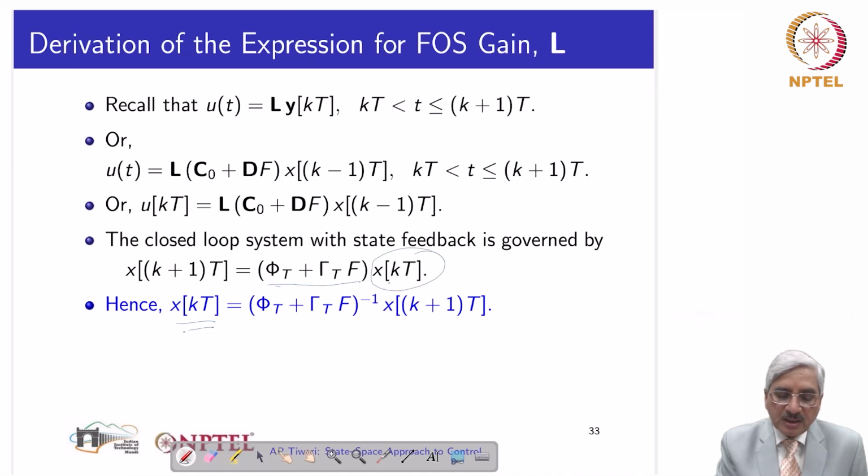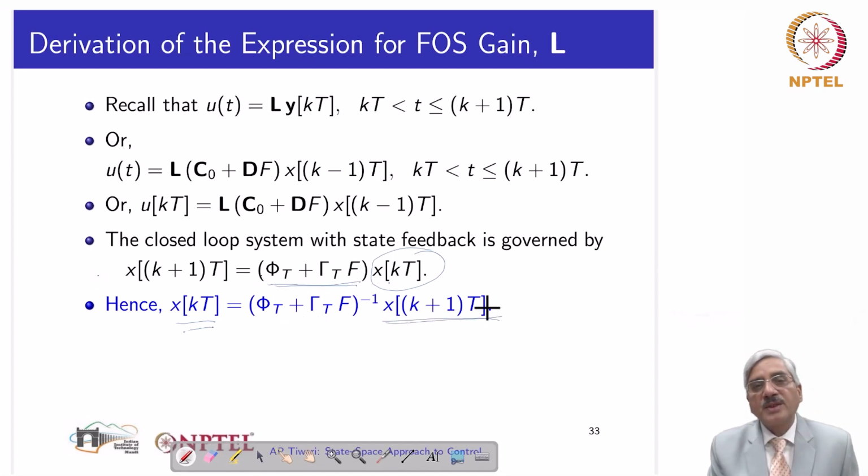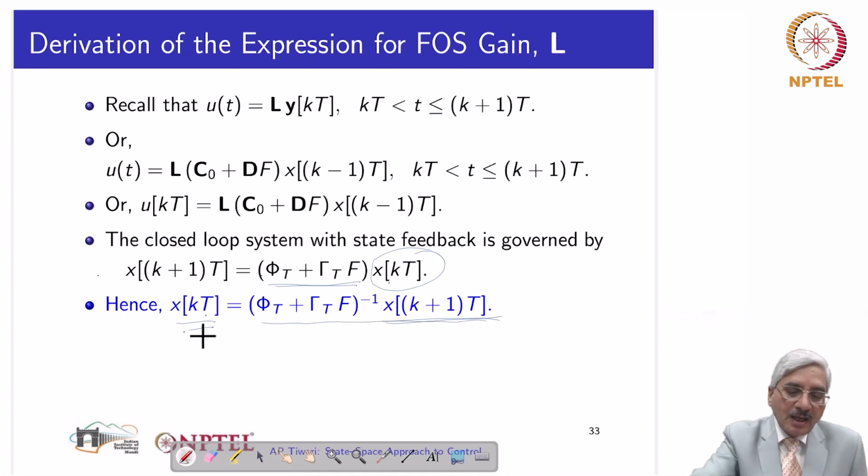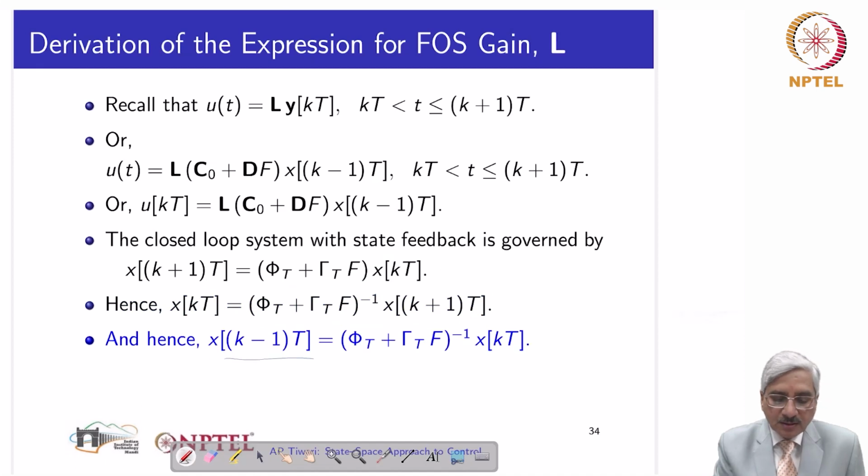Pre-multiplying by the inverse of this on both sides, x(kt) is obtained in terms of x(k+1)t as this. And this one means x(k-1)t will be a similar inverse and x(kt).